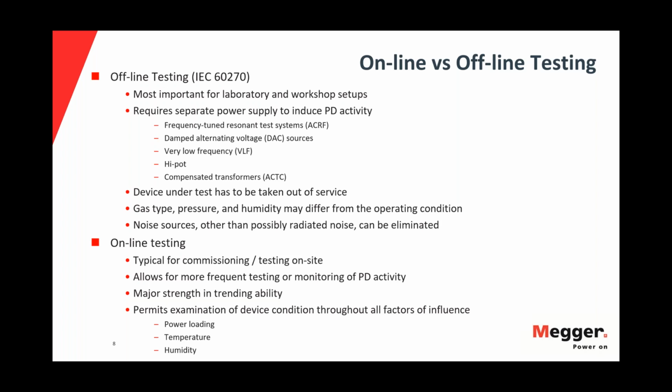That's very important. For example, let's say you are measuring a transformer, and in that case you can increase the voltage gradually and find out at which voltage PD happens. If that voltage is below U naught, which means that the transformer will always exhibit PD.